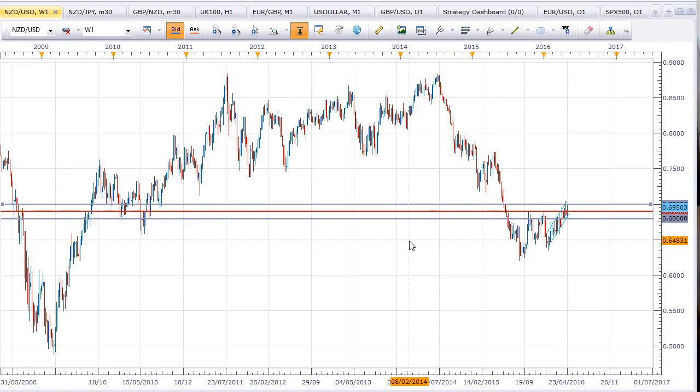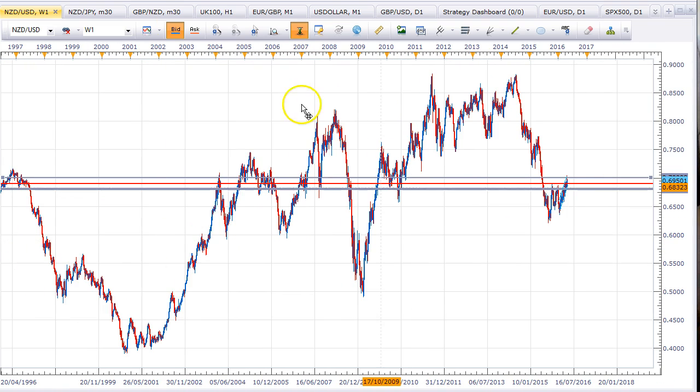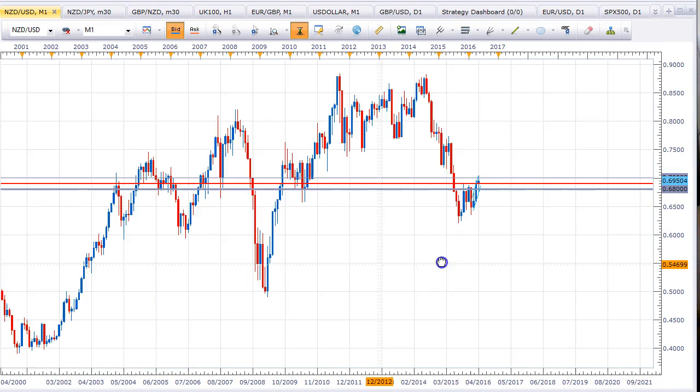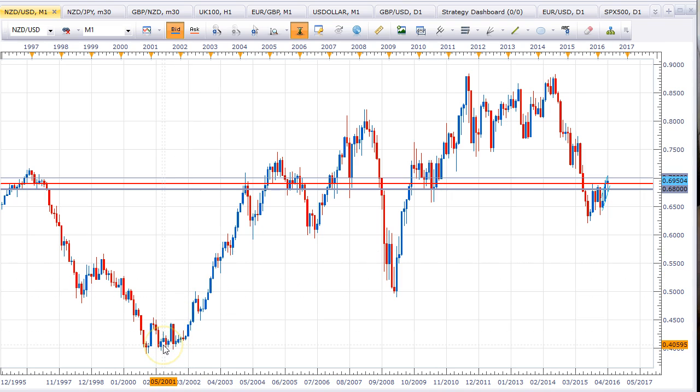And indeed, had you traded the Kiwi dollar all the way back, and let's go to the monthly chart for that, as you can see here on this chart, if you've gone back all the way to 2001, 15 years ago, May 2001, we were down at 0.40, believe it or not. And then we went all the way up to 0.73 in 2005.